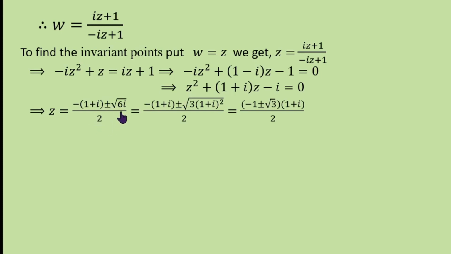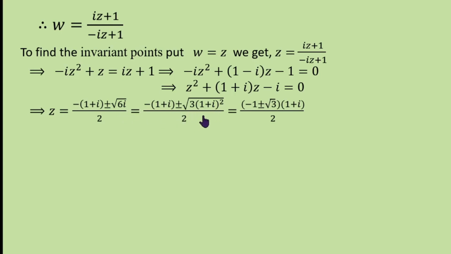Now we know that (1 plus i) whole square is 1 square plus i square plus 2 into 1 into i, that is 2i. 1 square plus i square is 0, since i square is minus 1, and 1 minus 1 is 0, leaving 2i.